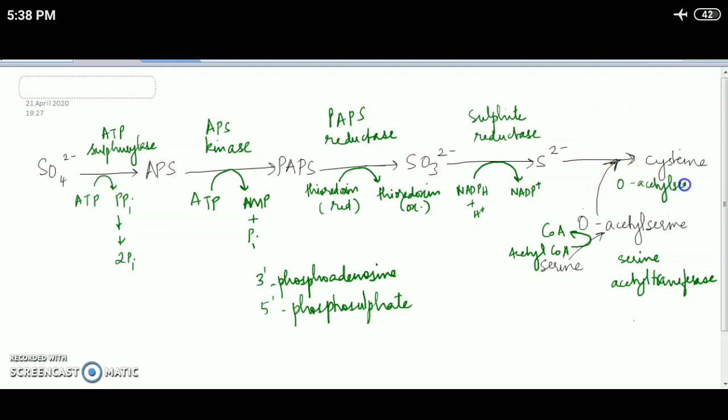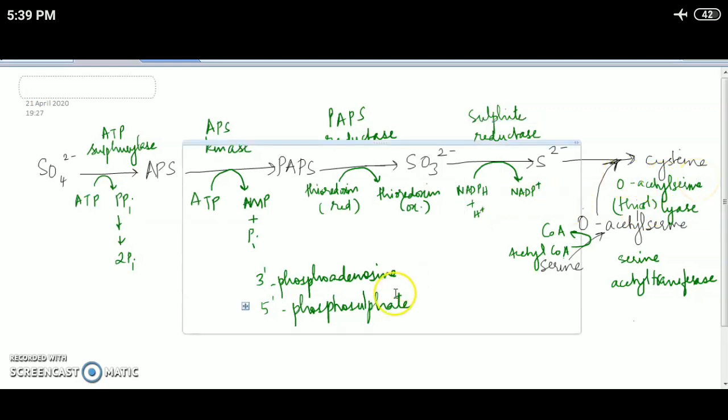In this process, thioredoxin, which is a small redox protein found in all organisms, is converted from the reduced form to the oxidized form, whereas PAPS is converted from its oxidized form into a reduced form, called sulfite.